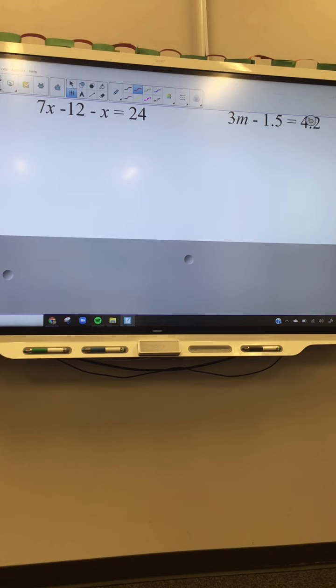You need to get paper, you need some room to do work. You need to clear all this off. You gotta be in a mode where you can actually accomplish something. Where's the problem that you have written down? Where's 7x minus 12 minus x equals 24?